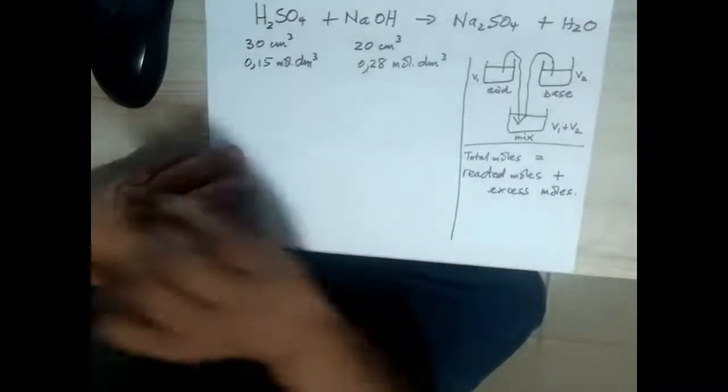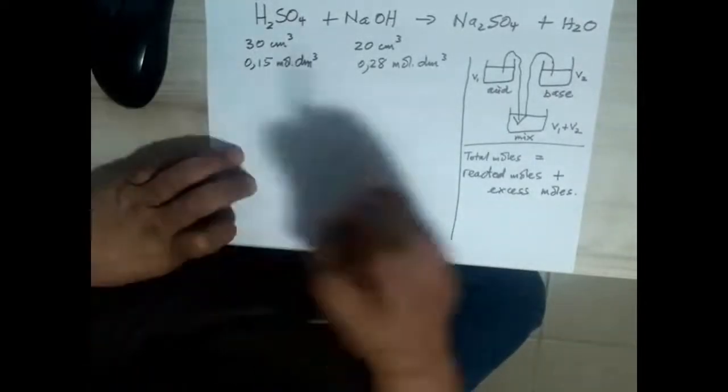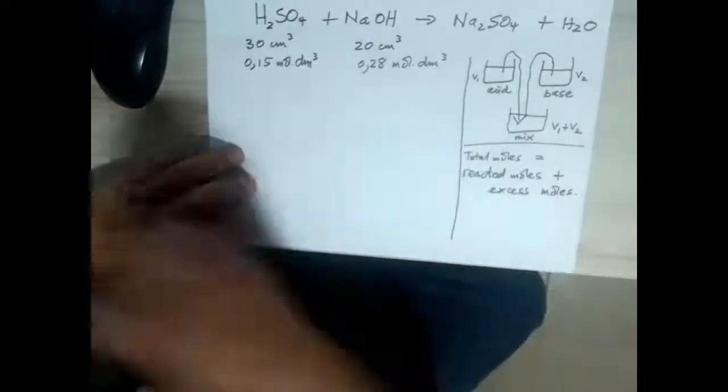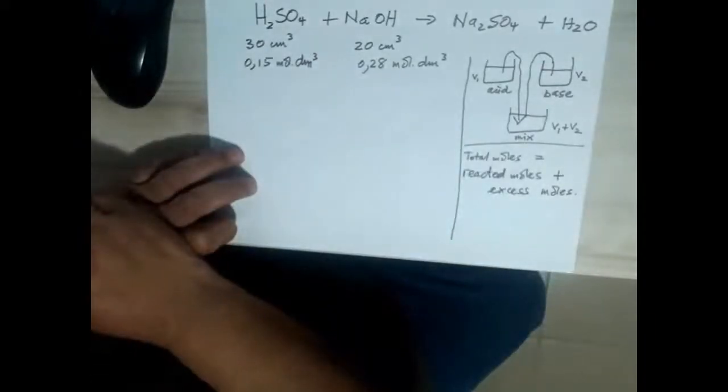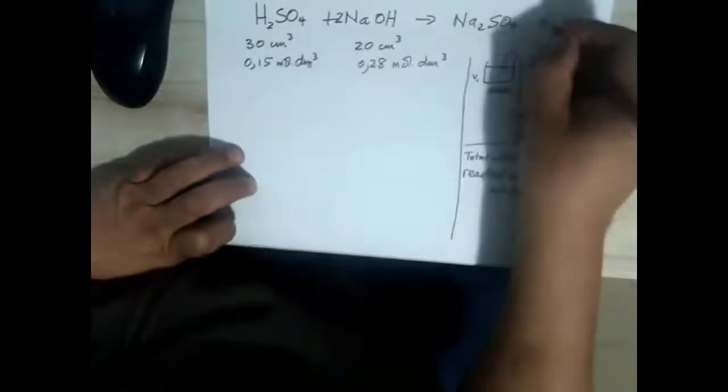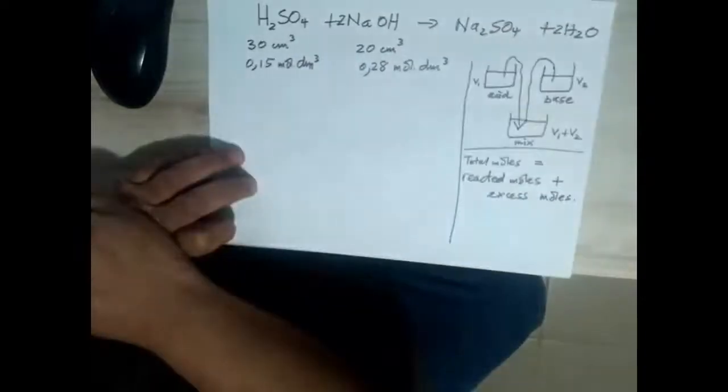Right, so we need to first determine which is the limiting reagent, so that we can determine how much leftover moles there are. So before we can do that, we have to balance the equation, and if I put a 2 there and a 2 there, then we have a balanced equation.